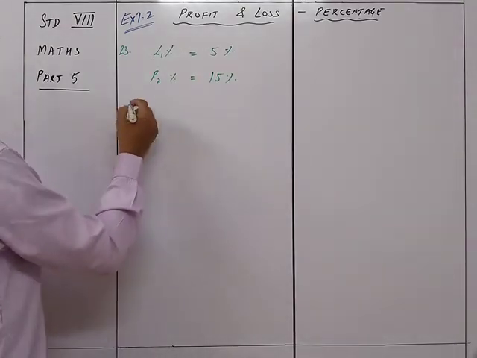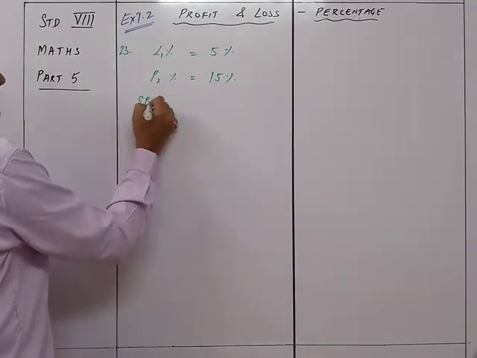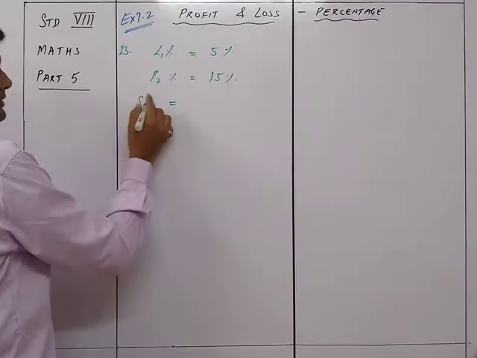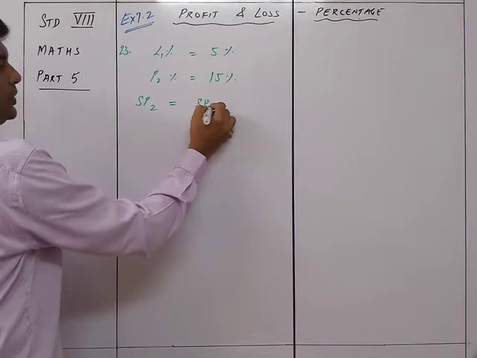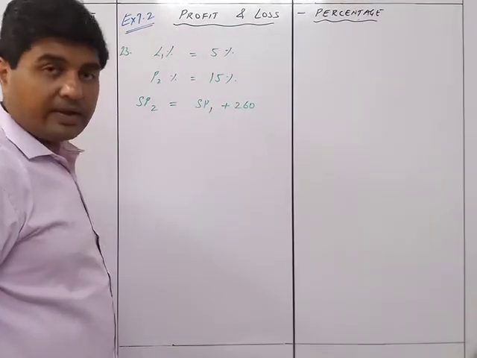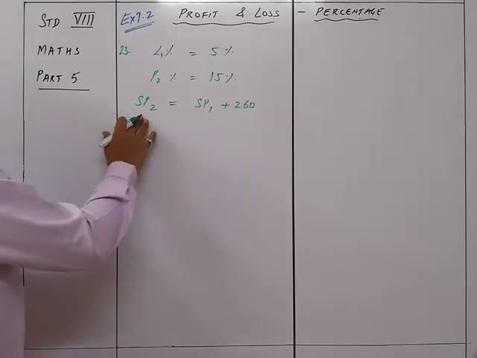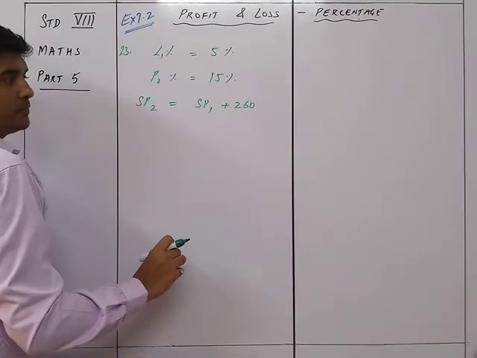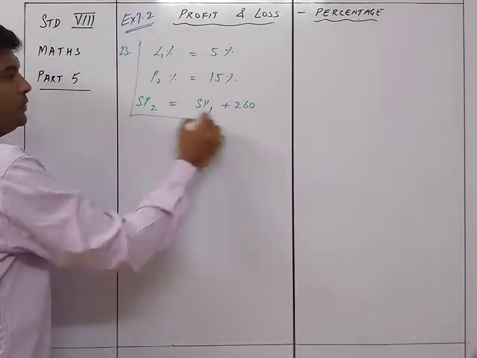They have given that SP2 is equal to SP1 plus 260 rupees. Okay, this is the data given to you.